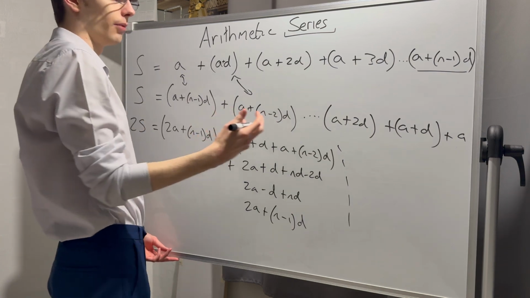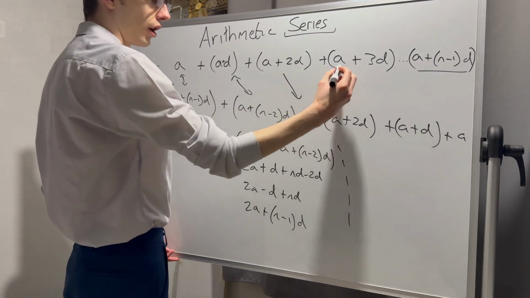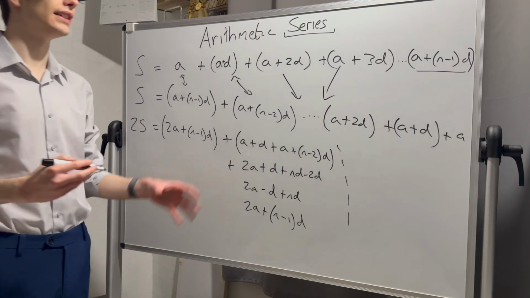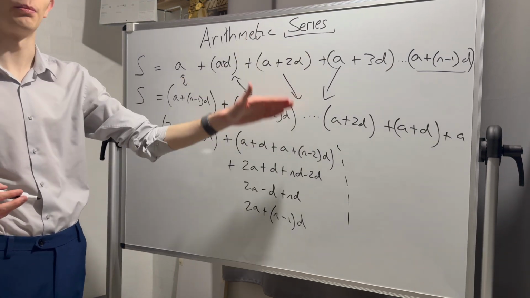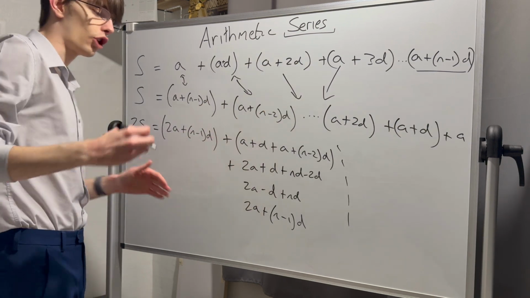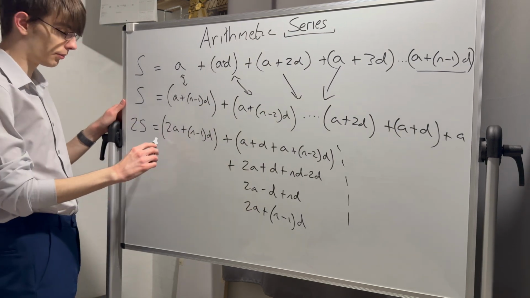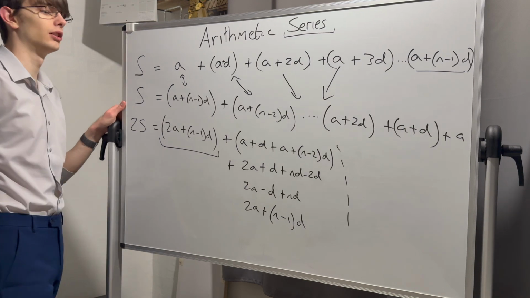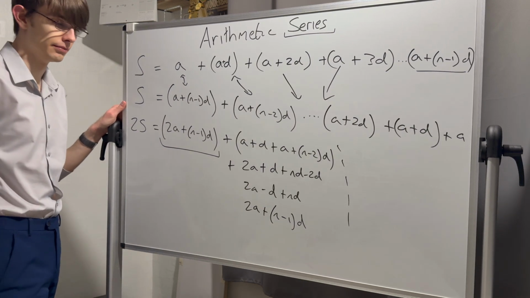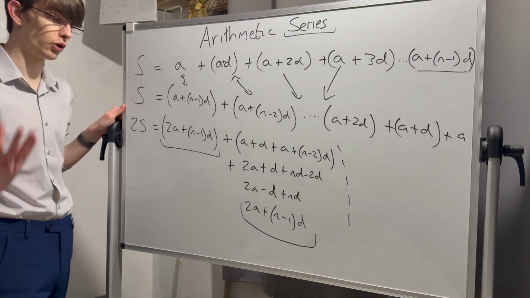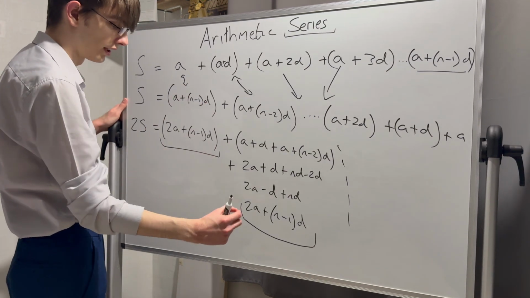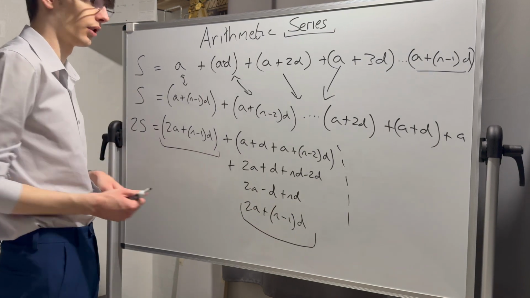I can match up every single term in these series, and I will always end up with 2a plus n minus 1d. I've seen it here, I've seen it here. You can test it for the rest of them, or you can take my word. I will always end up with 2a plus n minus 1d.